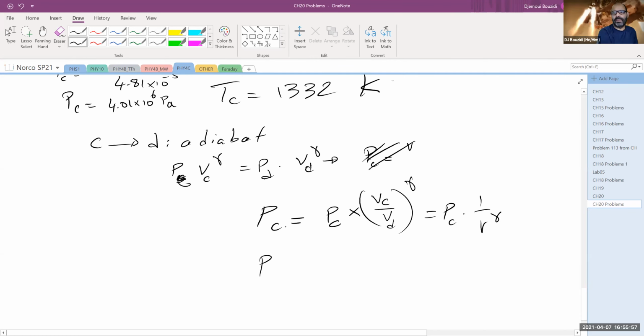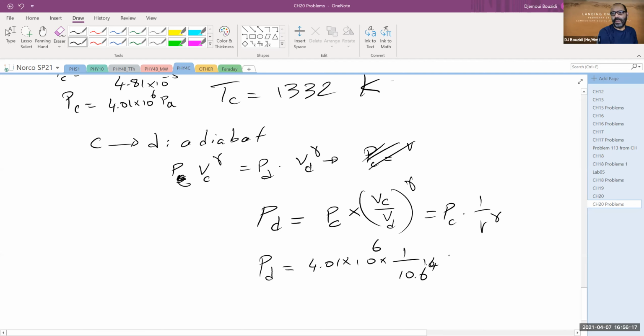So PD is going to be equal to PC, which we just found to be 4.01 times 10 to the power 6, times 1 over R to the power gamma, and R is 10.6 to the power 1.4.